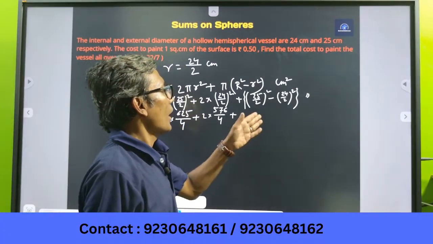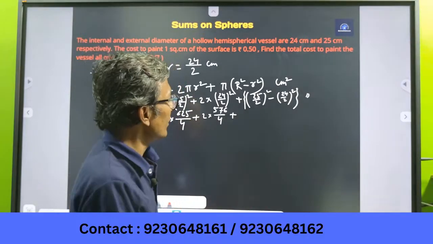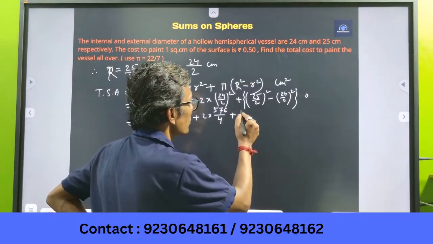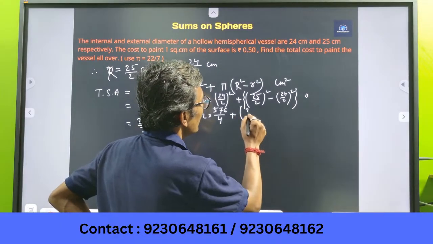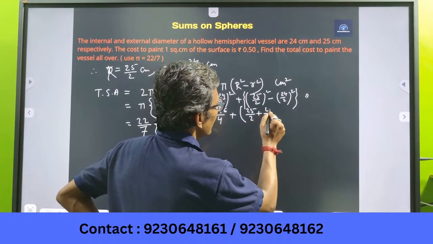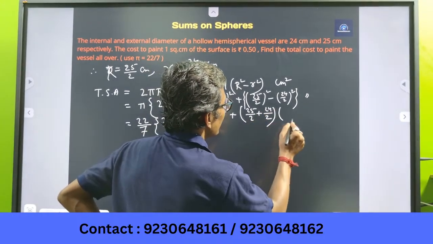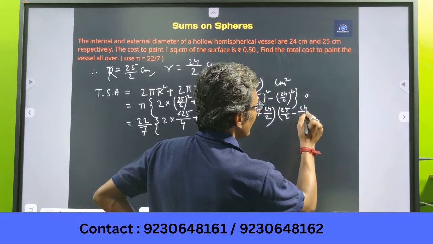Here I will put the formula of a square minus b square, that will be very easy to calculate for this problem: a plus b into a minus b.